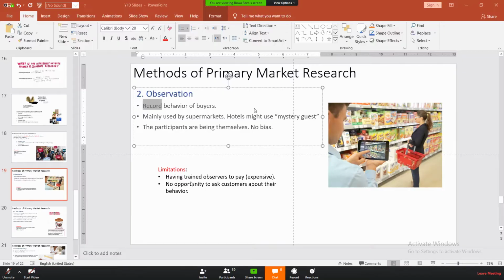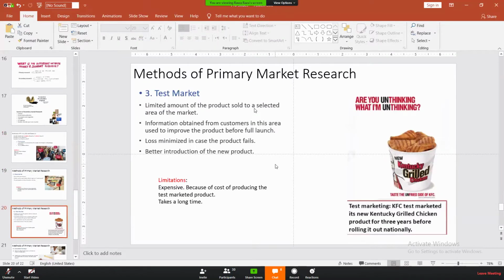Okay, so let's go to our next method if you don't have any question about the second one. This one is test marketing, or test market. So what you do is, remember why we are doing this. We just want to make sure that our product is liked by customers. Listen, this method was used recently by KFC when they launched a new product.